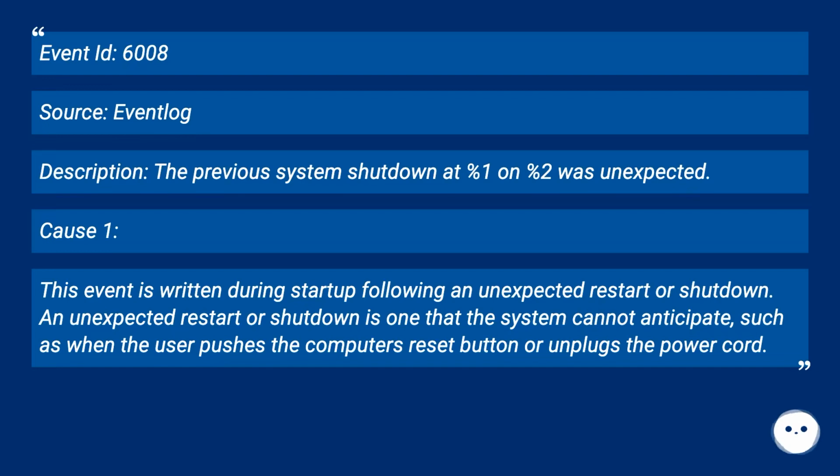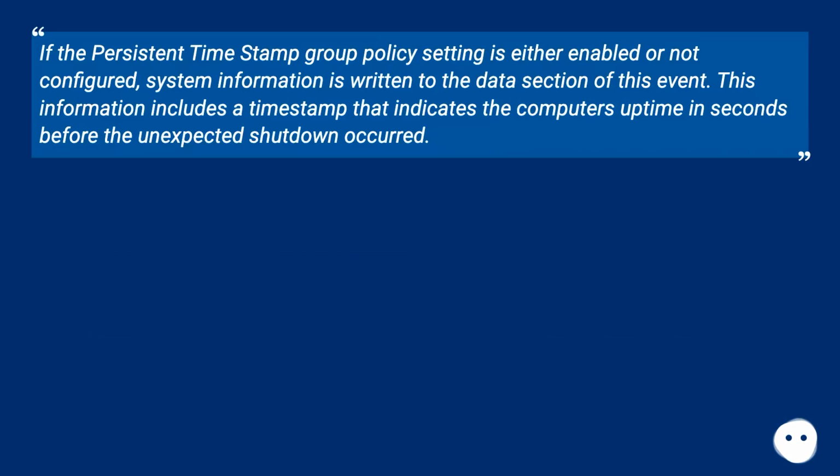An unexpected restart or shutdown is one that the system cannot anticipate, such as when the user pushes the computer's reset button or unplugs the power cord. If the persistent timestamp group policy setting is either enabled or not configured, system information is written to the data section of this event. This information includes a timestamp that indicates the computer's uptime in seconds before the unexpected shutdown occurred.